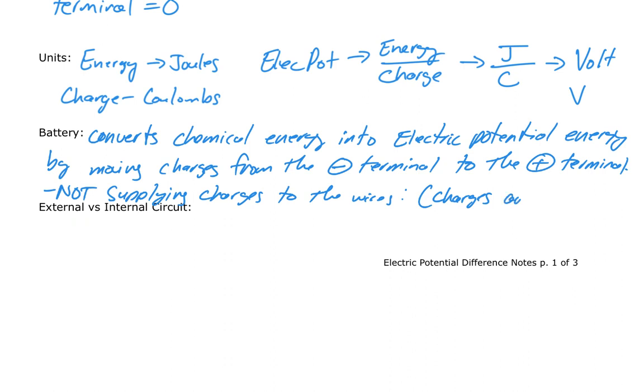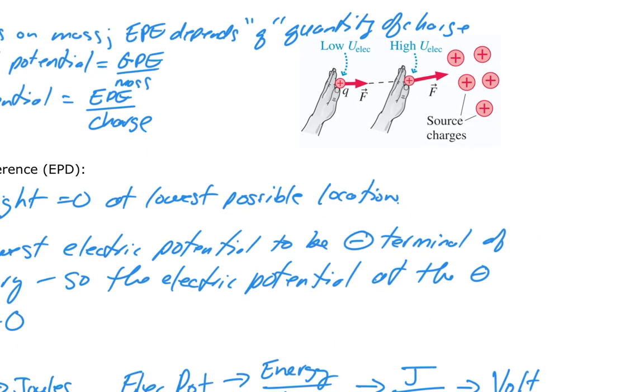So the charges are positive, and they want to be at the negative terminal. The role of the battery is to move them against their will to the positive terminal, just like we saw up here. The positive test charges want to be down here, say at the negative terminal. The role of the battery is to push those charges to the positive terminal, where they really don't want to be, okay?